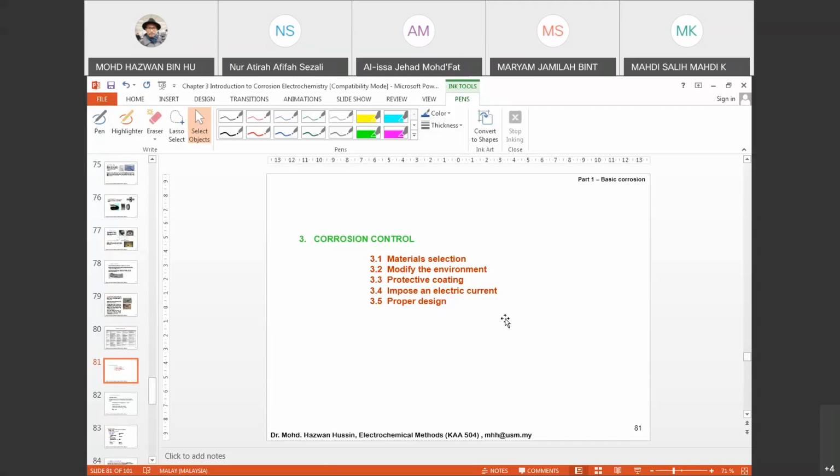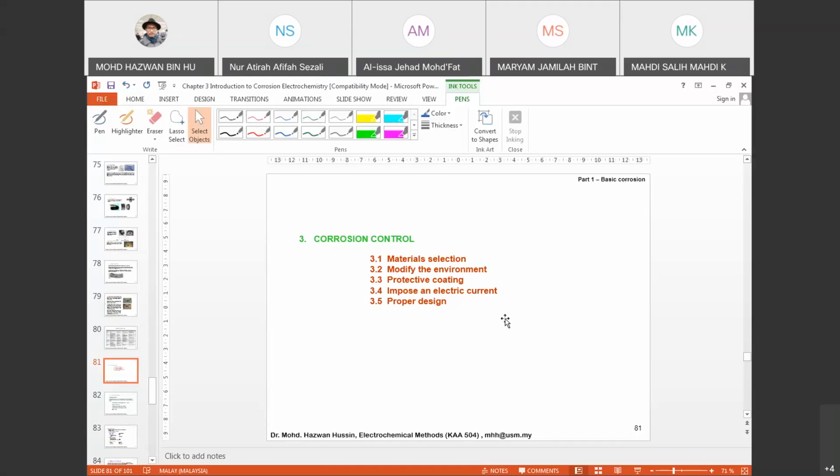So as I said, the types of corrosion is just a type, to categorize the process that happened, but in reality, some materials may experience more than one type of corrosion. So the answer is yes. Okay, thank you, Doctor.